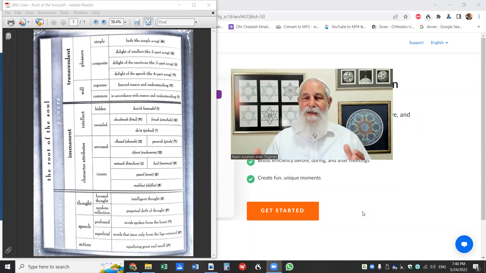If there's no vessel, then there's really no awareness of the light. So the garments are obviously very, very important. And as you'll notice, thought and speech both have a dual manifestation, whereas action is singular, as we'll explain. So let's go to thought.